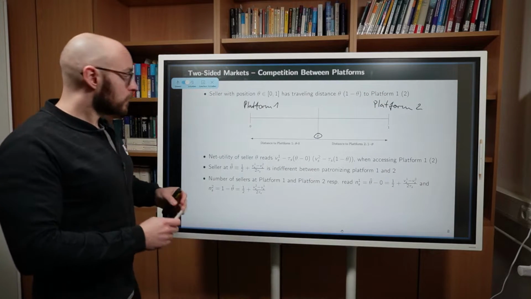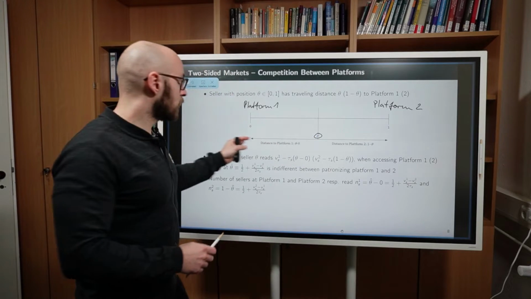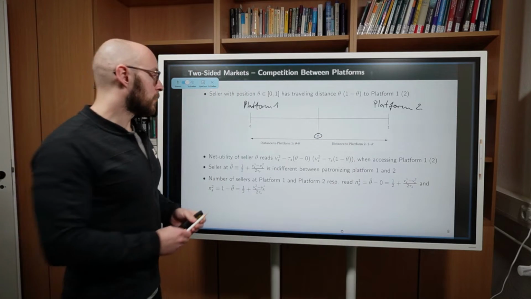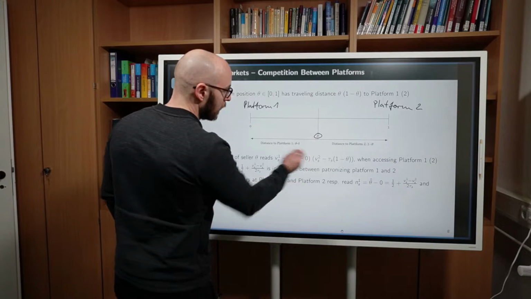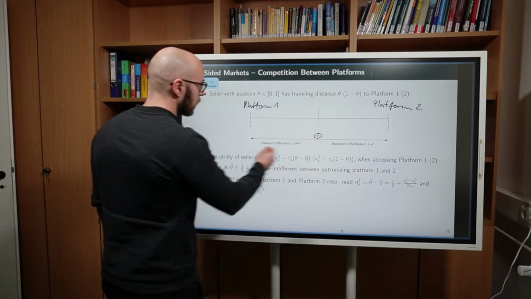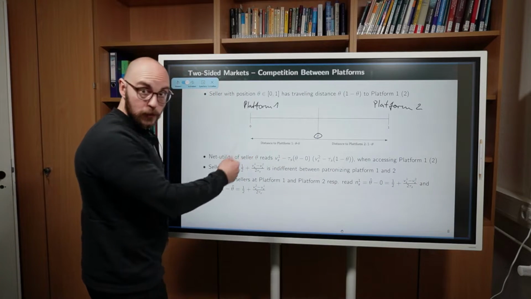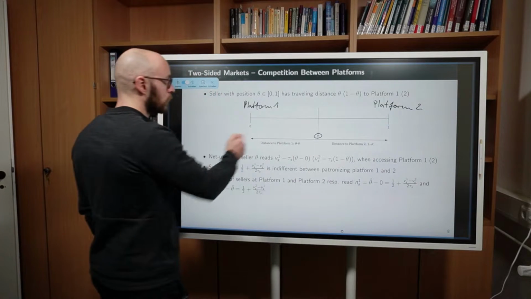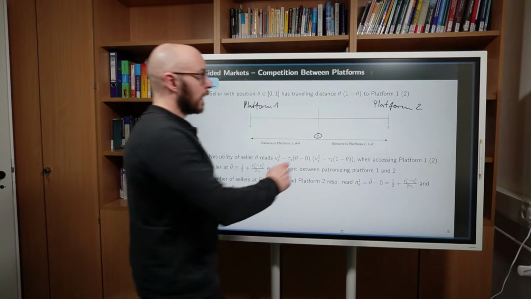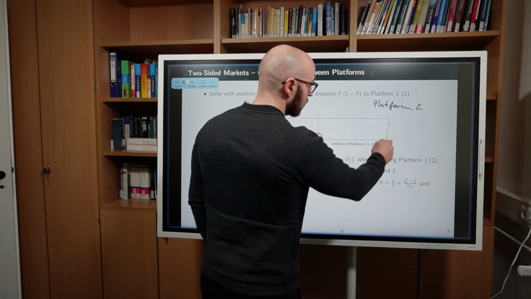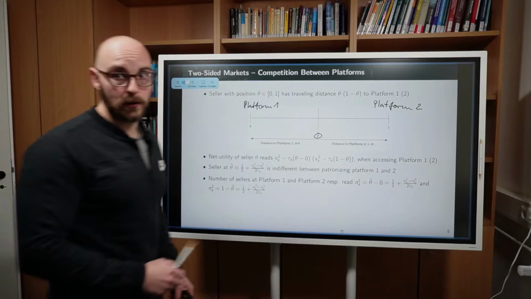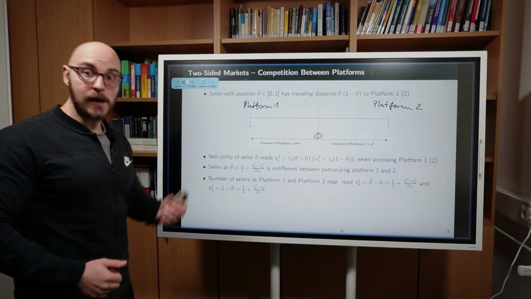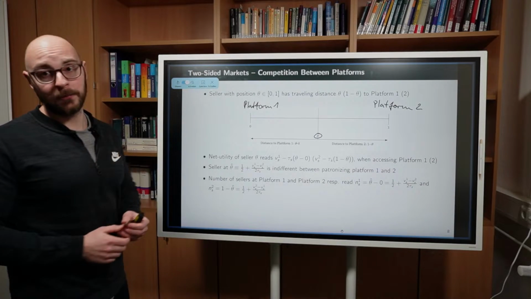Now, the distance to each platform is measured by the location of the seller minus the location of the platform. Platform 1 is located at 0, so the distance from the seller's location to platform 1 is theta, and the distance to platform 2 is 1 minus theta. So that's the distance he has to travel to get to each platform.